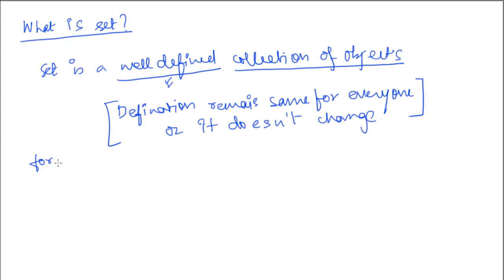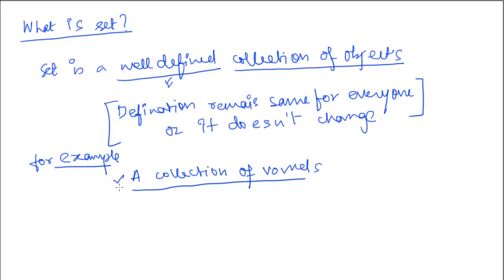For example, a collection of vowels. Collection of vowels remains same for everyone, so we can say this is a set. What is the collection of vowels? A, E, I, O, U. Then name of days in a week.